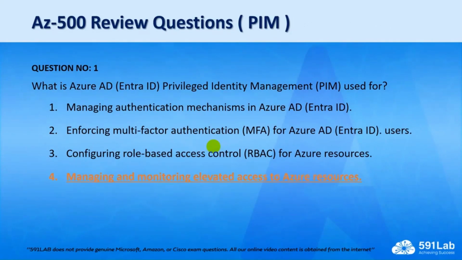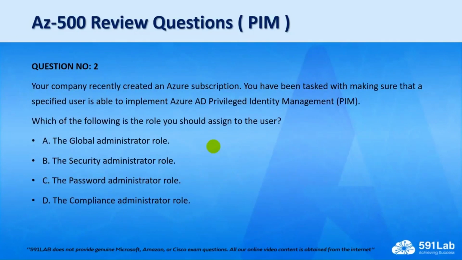Now let's move to the next question. In question 2, we have: your company recently created an Azure subscription. You have been tasked with making sure that a specified user is able to implement Azure AD Privileged Identity Management. In this question they are asking, if you would like to give responsibility to any admin or user to manage and implement Privileged Identity Management, what role should that user have?